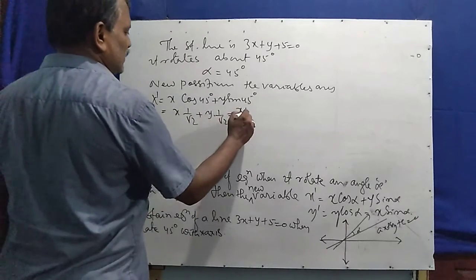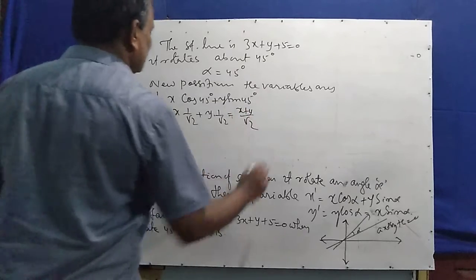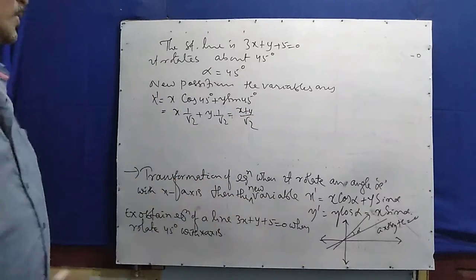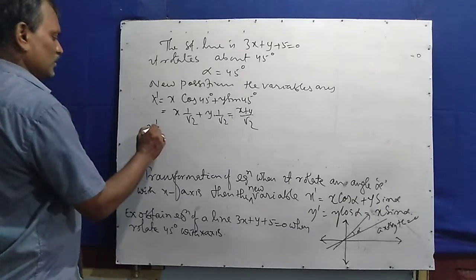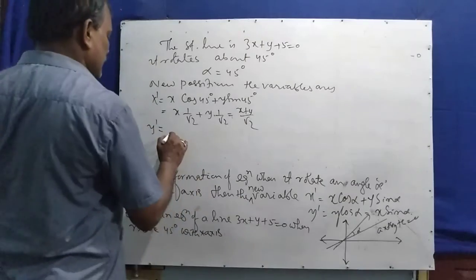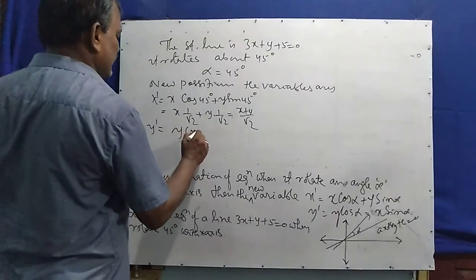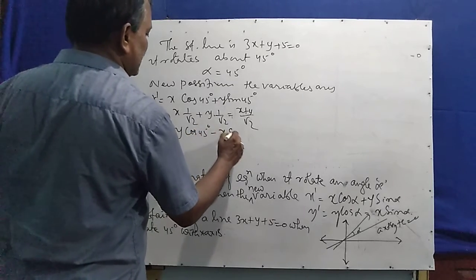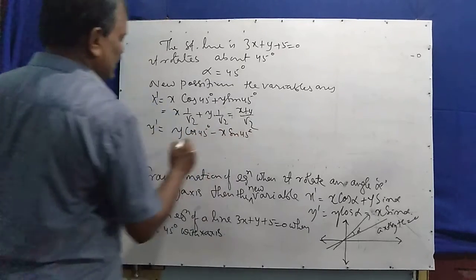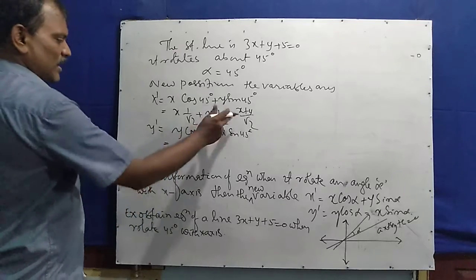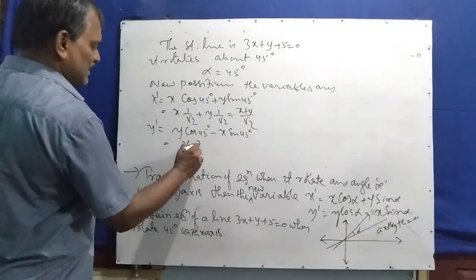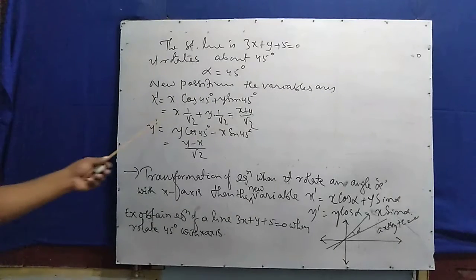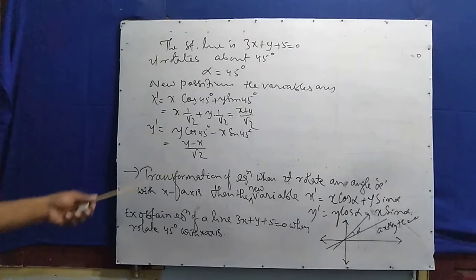Here it is x plus y by root 2. So this is the x dash. The new variable y dash equals y cos 45 degree minus x sin 45 degree. Here also I am putting 1 by root 2, 1 by root 2, then we get y minus x by root 2. So here x dash and y dash are the new position.